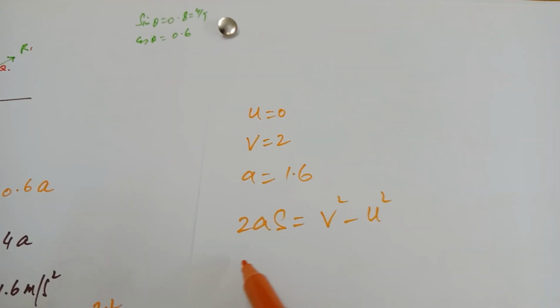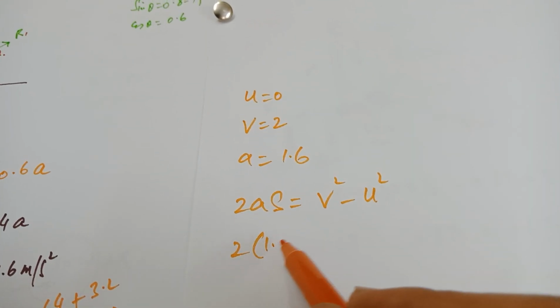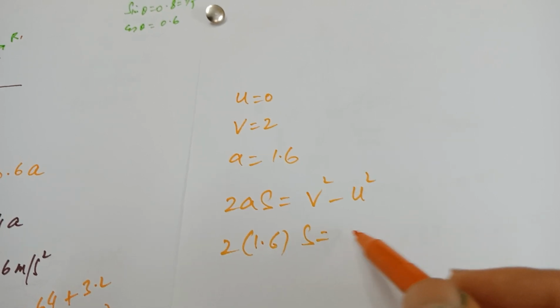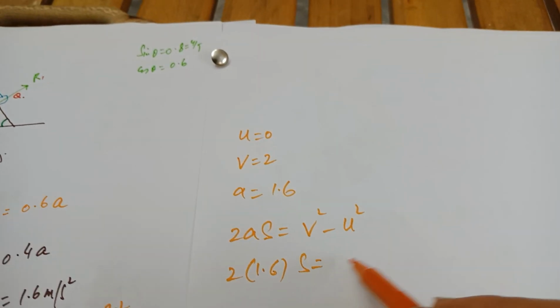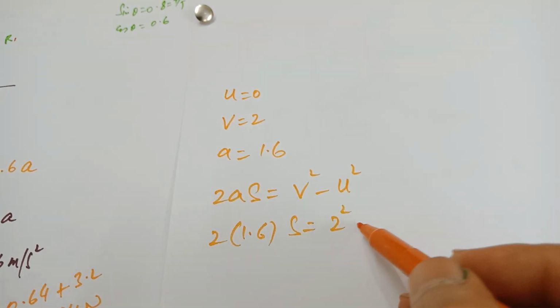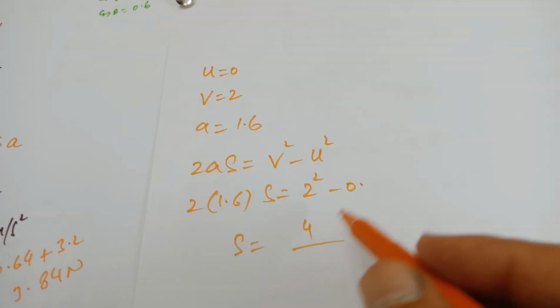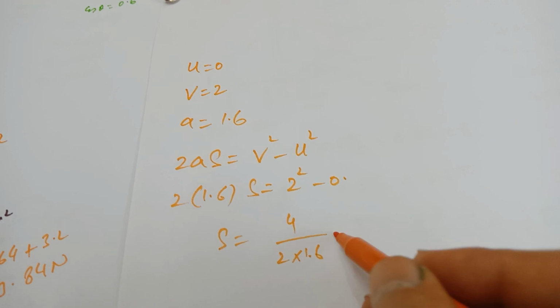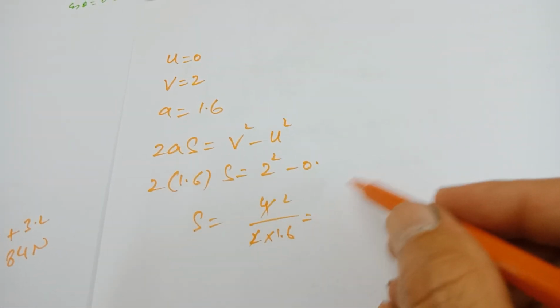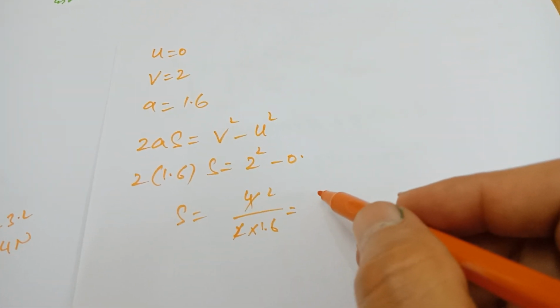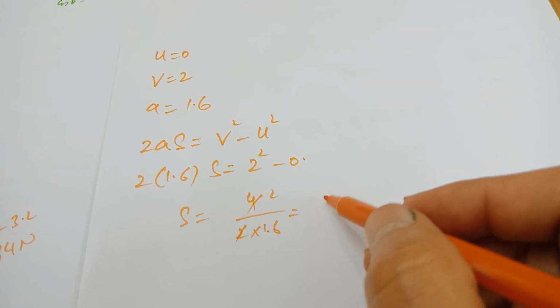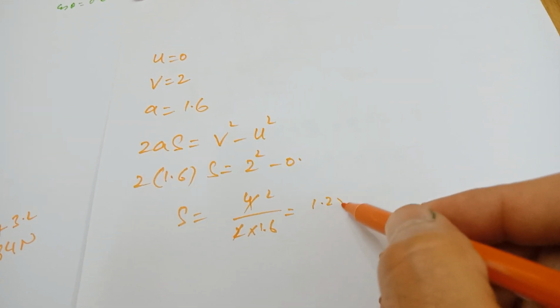So this is 2 into 1.6 into s, equal to 2 square minus 0. So s is going to be 4 over 2 into 1.6, that's 20 over 16, 5 over 4, that is 1.25.